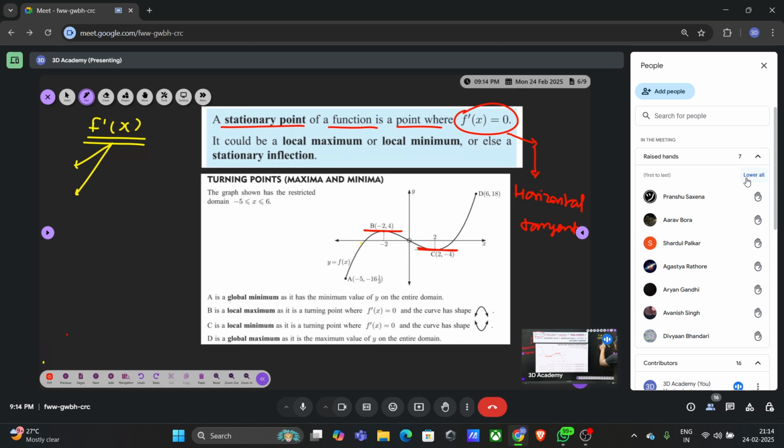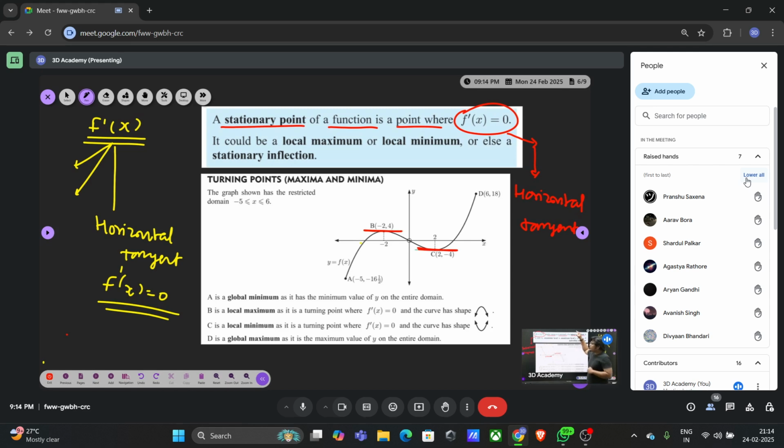If it says horizontal tangent, then f dash of x has to be 0. This is how you will have to solve the question. Is it understood or not? You will find the points at which the tangent is horizontal.